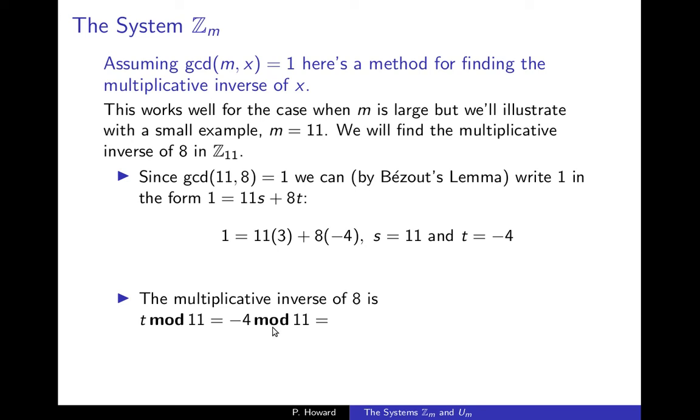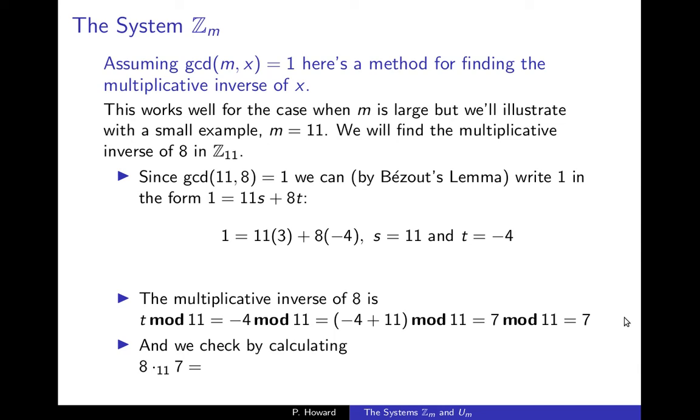So minus 4 mod 11 is, using the inserting and deleting multiples of m lemma, equal to minus 4 plus 11 mod 11. Minus 4 plus 11 is 7. 7 mod 11 is 7. So the multiplicative inverse of 8 in Z11 is 7.